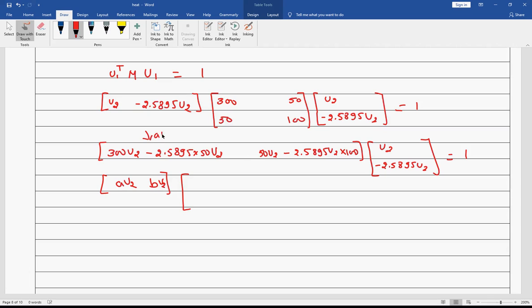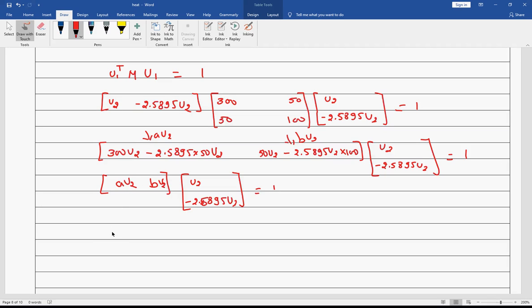I represent this as A times U2, and this as B times U2. And I have U2 here, minus 2.5895 U2 is equal to 1.